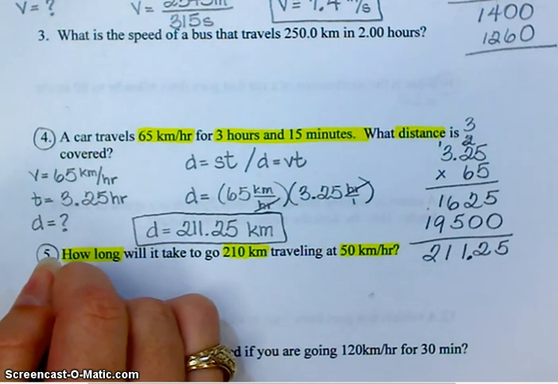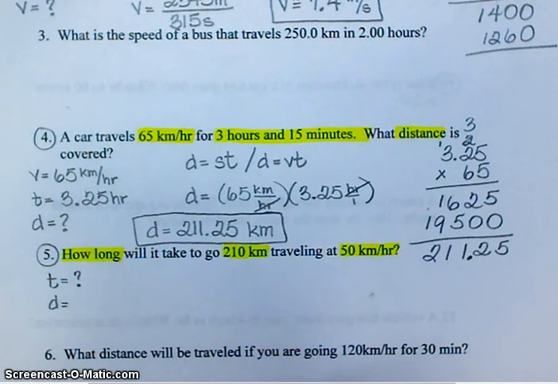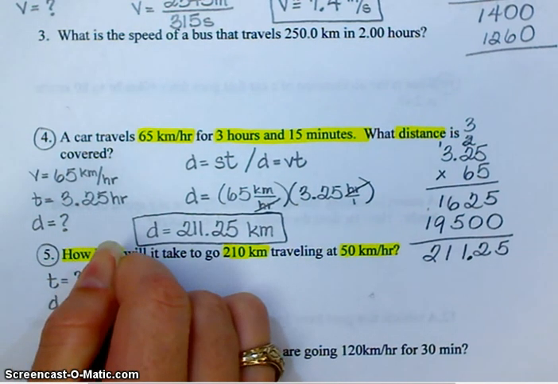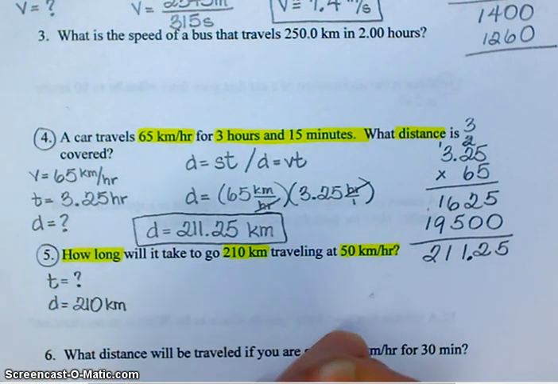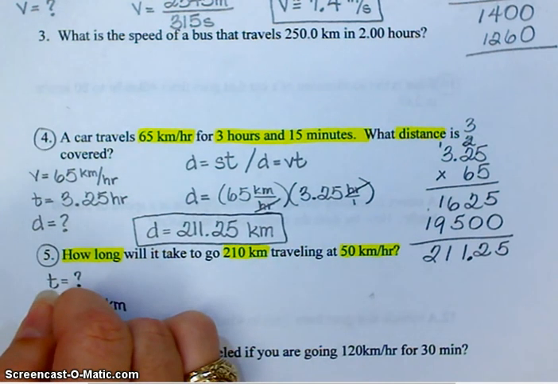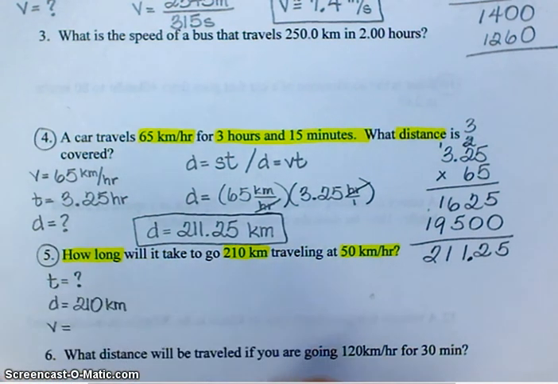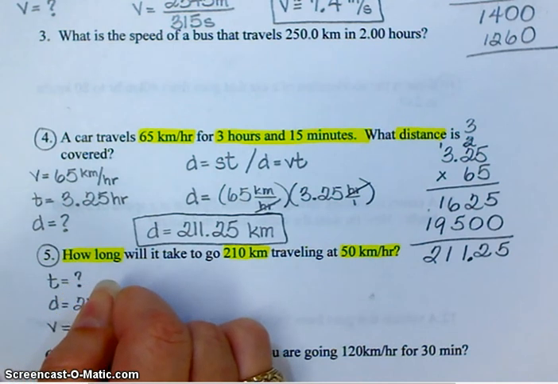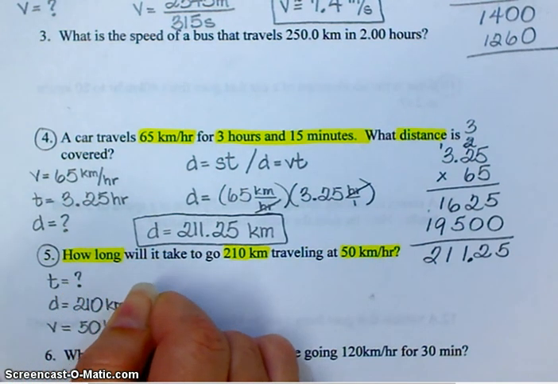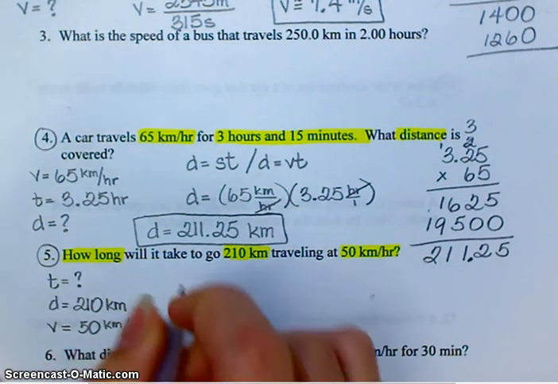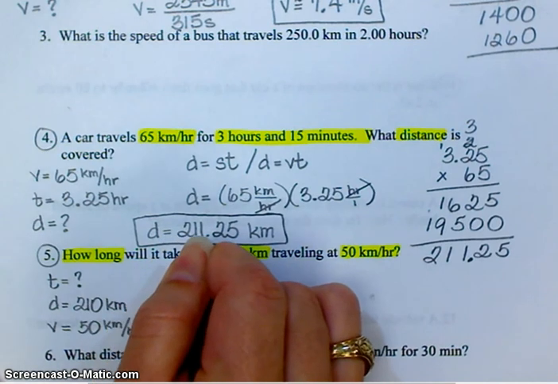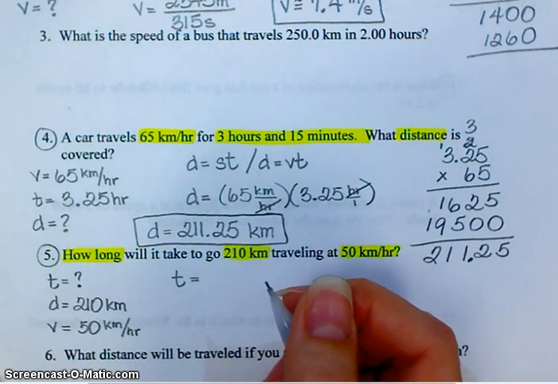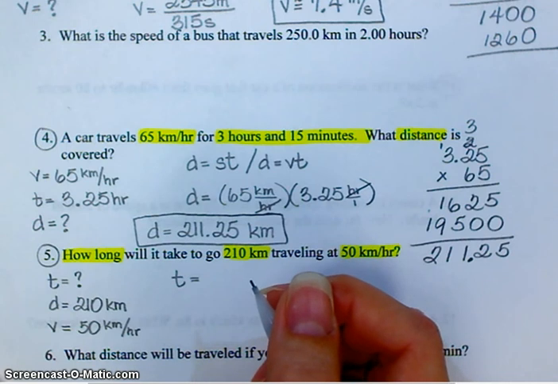210 kilometers is a what? That is a distance. 50 kilometers per hour is either a speed or a velocity. What formula do I need? I need something that solves for time, so look in your notes.